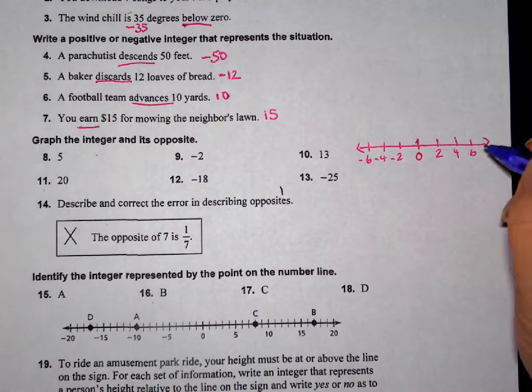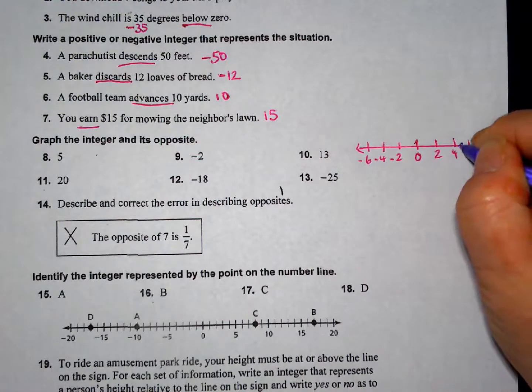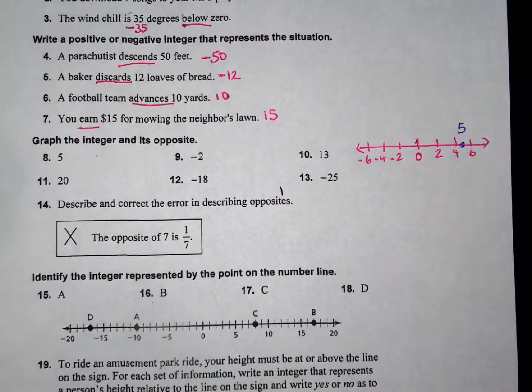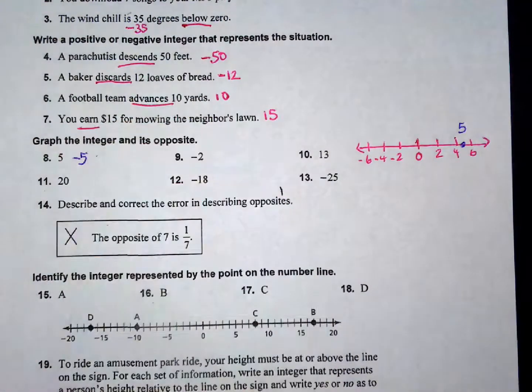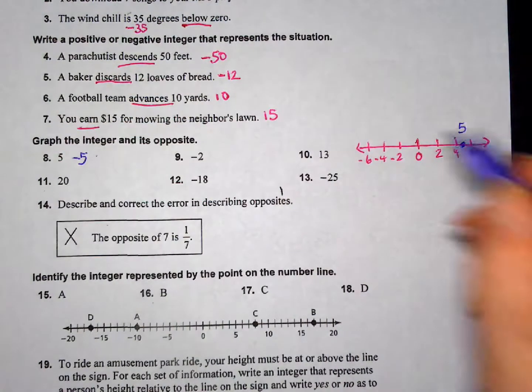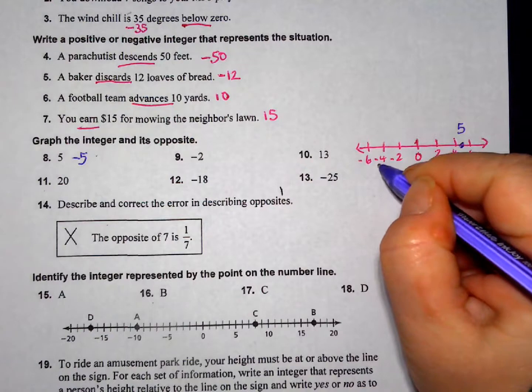All right, so if I'm graphing 5, first, I have to look for where is 5. 5 is in the middle of 4 and 6. So here is 5. And if I'm graphing negative 5, because negative 5 is its opposite, so I have to come down to this side, and negative 5 would be between negative 4 and negative 6.